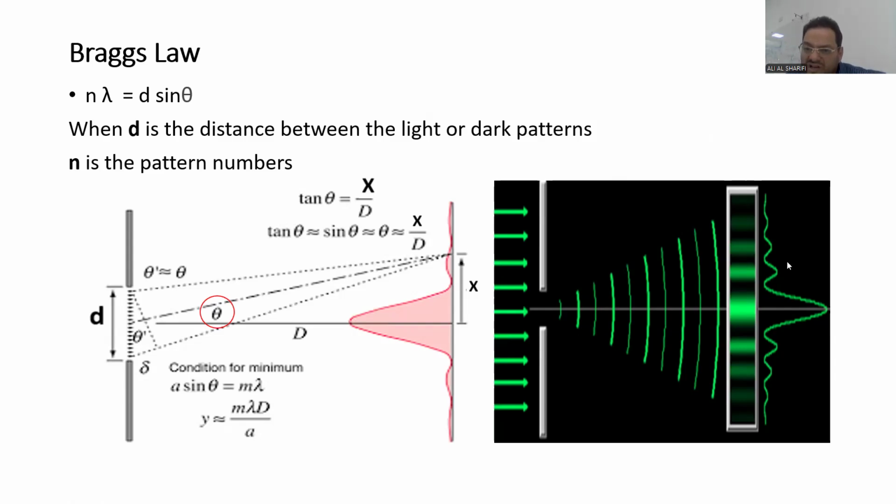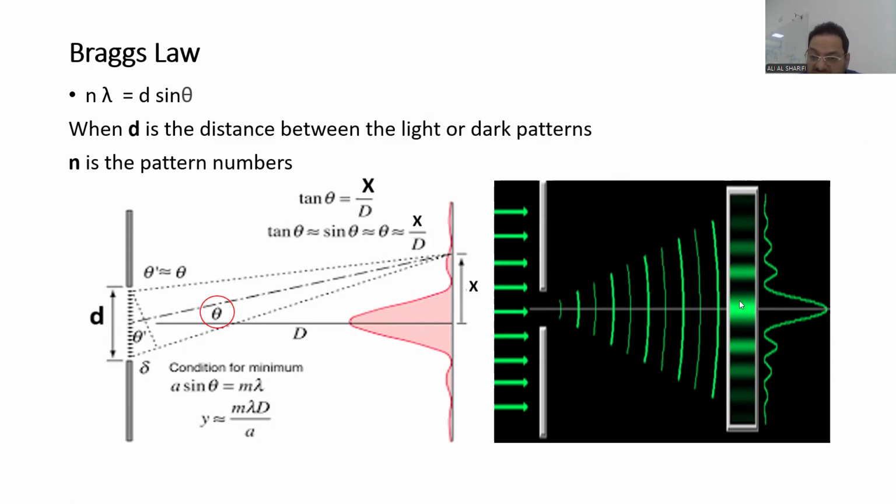Here, that means I will start to calculate from this first light pattern. Here will be N1, N2, N3, okay? When I have N1, that means I have X1. What is the X? X is the distance from the center, that means from the bright spot, the original one, to the N1.